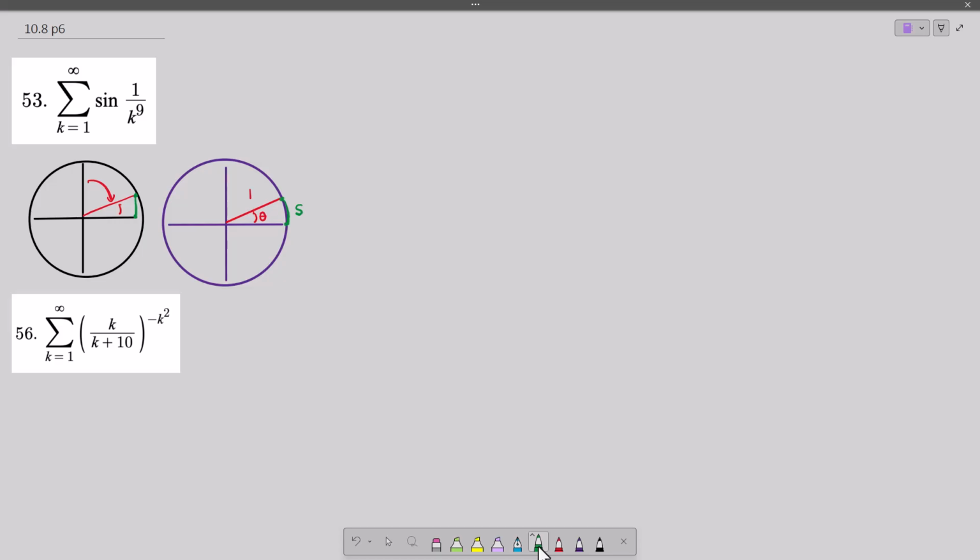If this was a general circle and I just called that R, and R is going to be 1, what's the relationship? S equals R theta, correct. And if you're on a unit circle, you get S equals theta when R is 1. So the arc and the angle have the same magnitude.